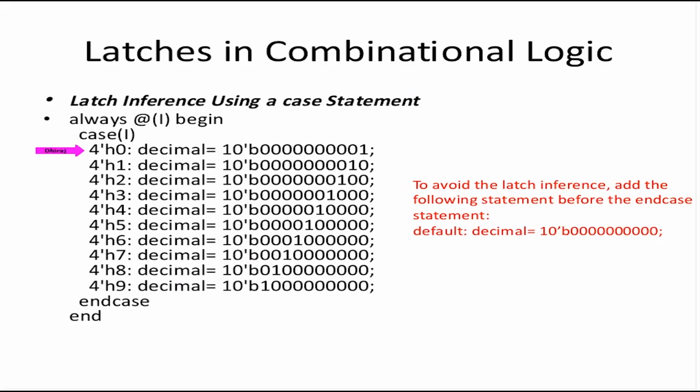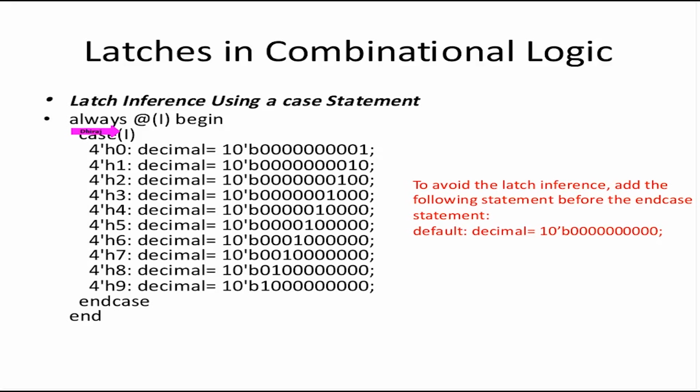One hex is 4 bit long. We have specified 0 to 9 here, but what happens to decimal when the value of I is from A to F? In this case, this code is actually error prone and it will result in a latch.